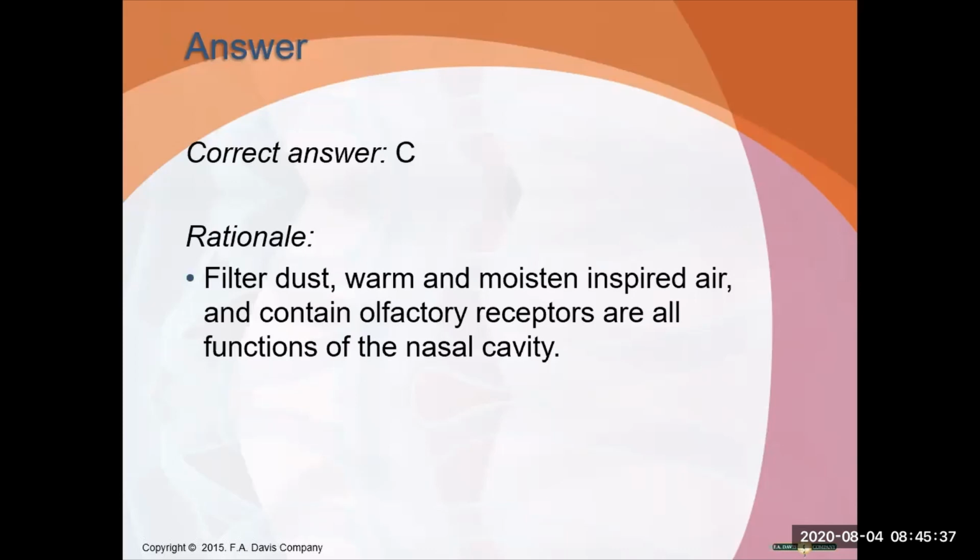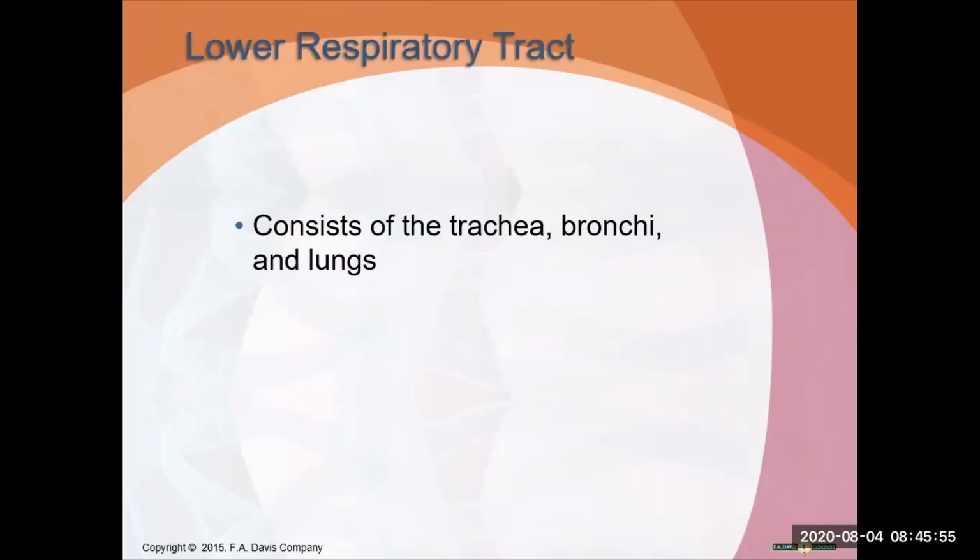And the Adam's apple, also called the thyroid cartilage, is the largest piece of cartilage forming the trachea and has no role in swallowing. And conchae are bones in the lateral walls of the nasal cavity. The answer to number 2 is B, the epiglottis.